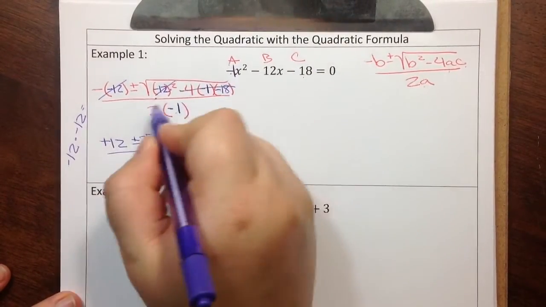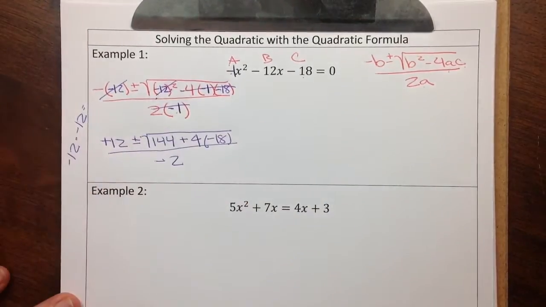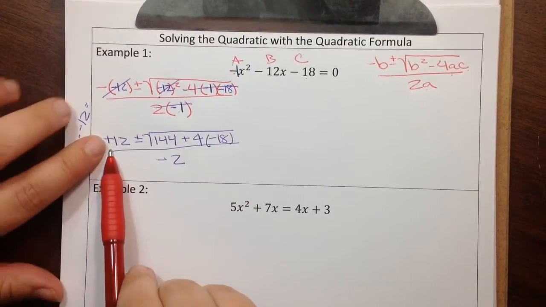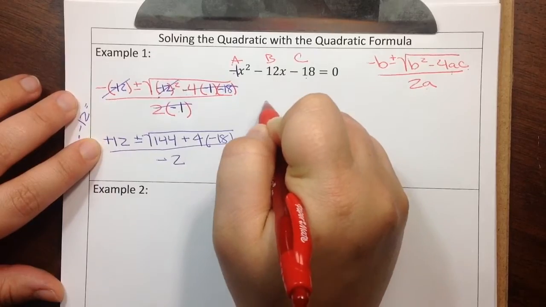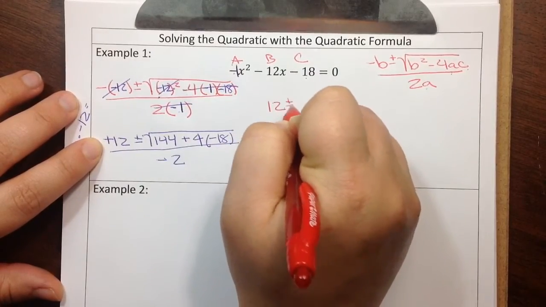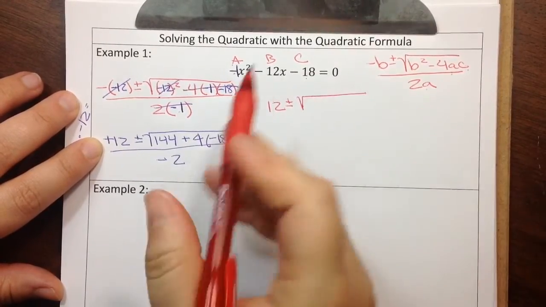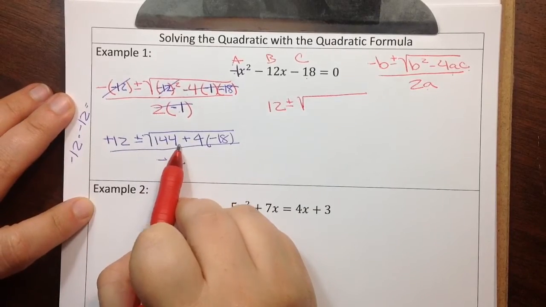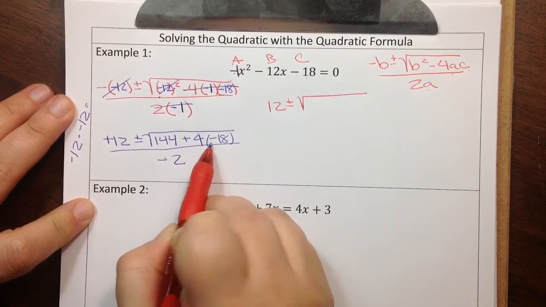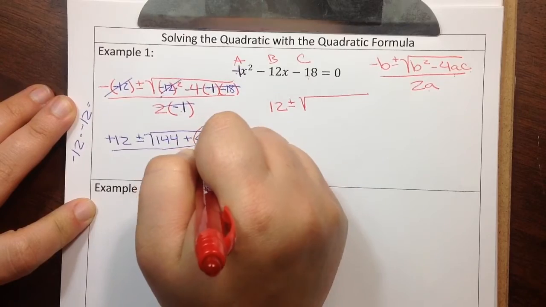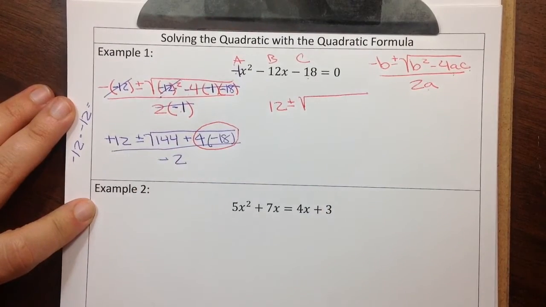But we did everything in here, so now we've moved down here. So we're going to keep going. This 12 stays 12. Plus or minus stays the same. Square root. So now I have 144 plus 4 times negative 18. This has to be done because multiplication comes before addition.